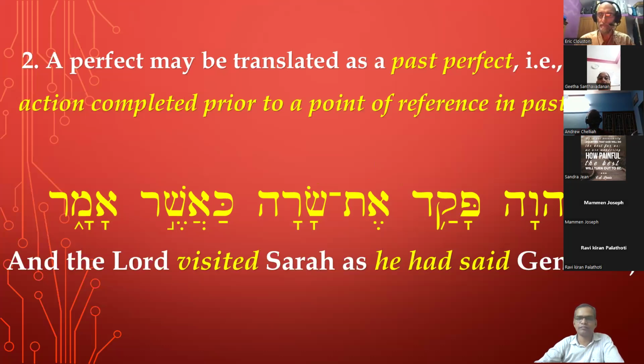Translation: and the Lord visited Sarah as he had said. Okay. So the second one is the past perfect translation. Now which are the verbs here, Manoj? Amar and paqad. Very good.